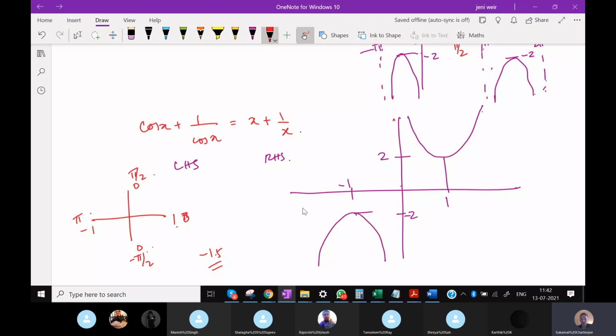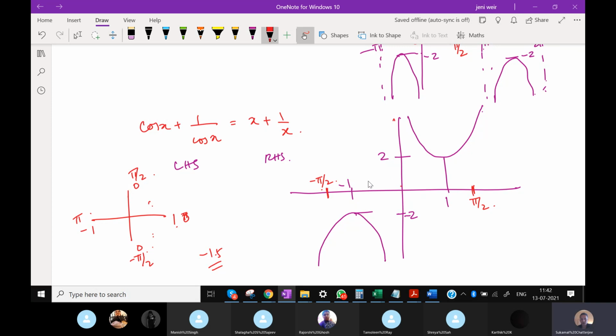So at x equal to minus pi by 2 and at x equal to pi by 2, the value of cos will be 0. Therefore, cos x plus 1 by cos x will go to infinity. And it's in the first and fourth quadrant, so cos is positive.